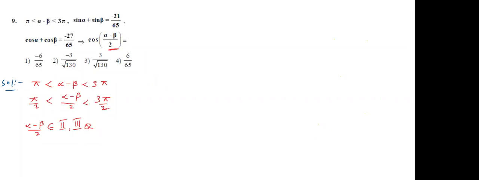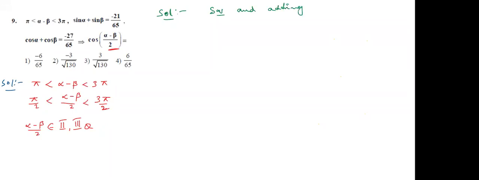Okay. Now sin alpha plus sin beta value given, cos alpha plus cos beta value given, then find cos of alpha minus beta value. How to do this? So do like this. Both squaring and adding.